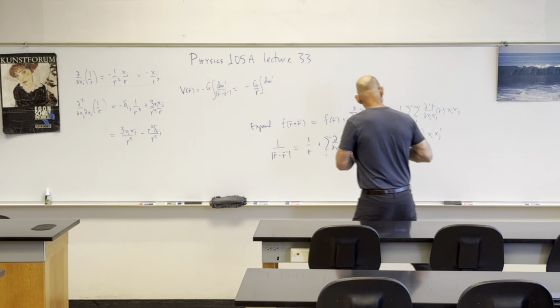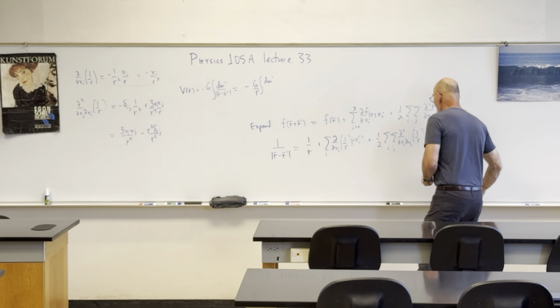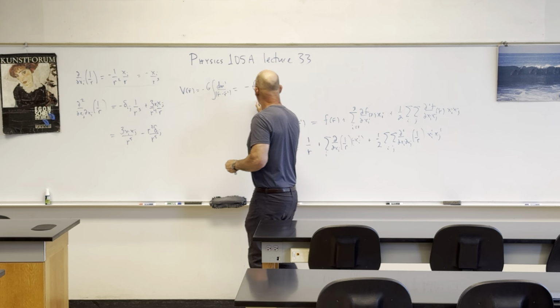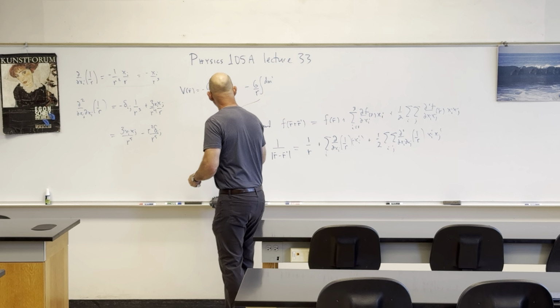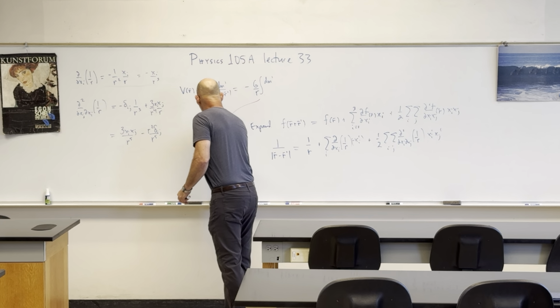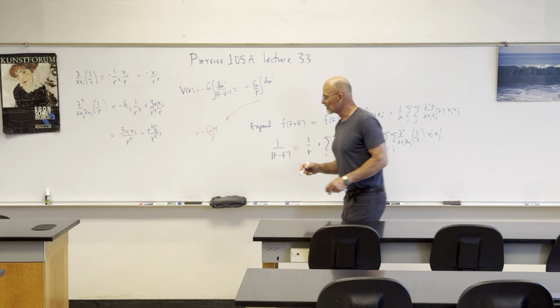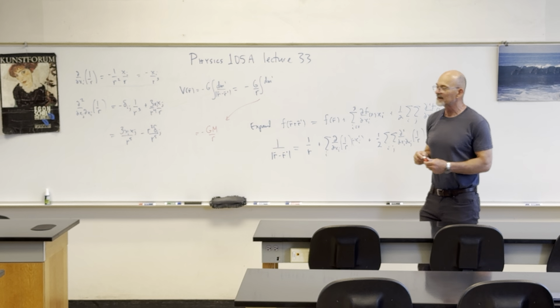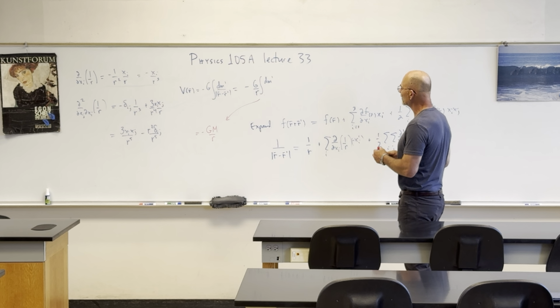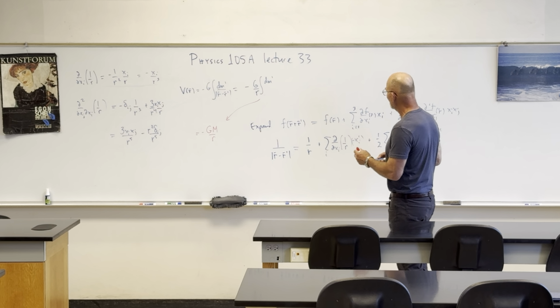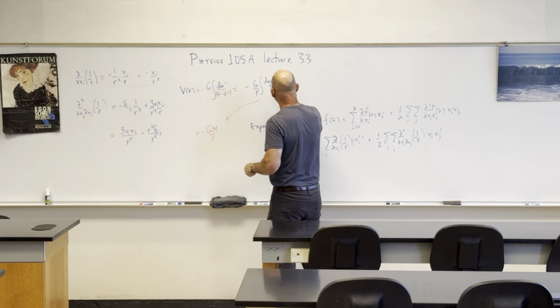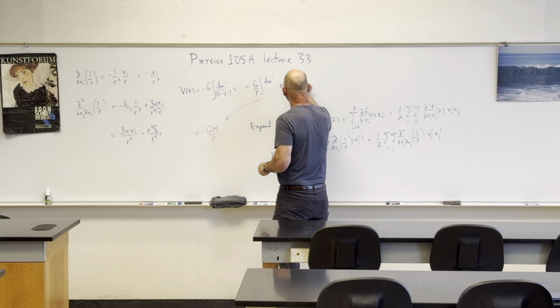I'll put that here as a useful comment. So this term is already minus GM over R. That's the good old point mass property if you're far enough away from it.